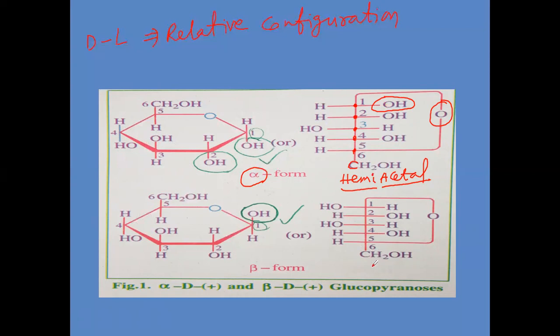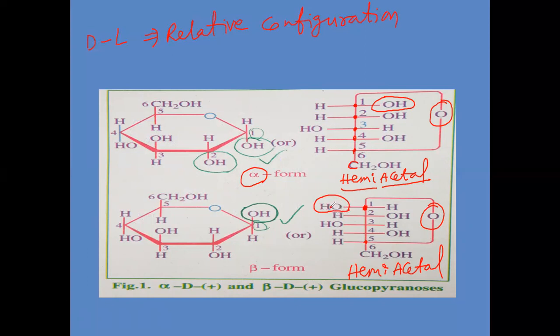Now check this second one. In this structure, between the first atom and fifth atom, oxygen is there. Now on the first carbon, is the OH group on the right side or left side?